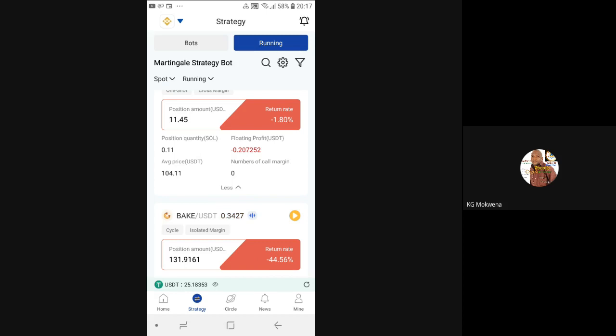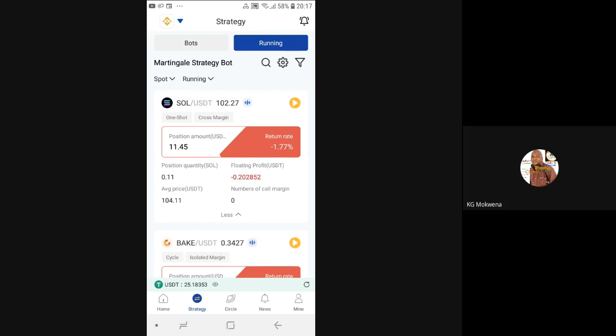However, the current price, if you can slide down a bit the page, we're going to see on top there. Yes, at the moment the market, you can see SOL USDT. Moving to the right, you can see the price 102.29. Yes. That one is the current price of the asset.